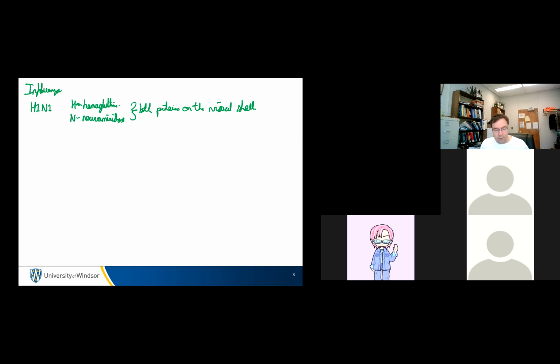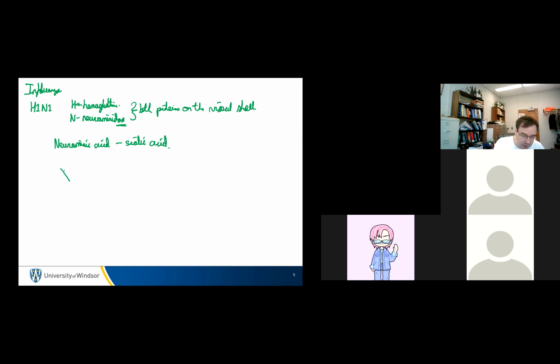The N value, neuraminidase: the "ase" gives you a clue that this is an enzyme. It's things that cut things, and it cuts neuraminic acid. And neuraminic acid is a sugar. It's also known as sialic acid.